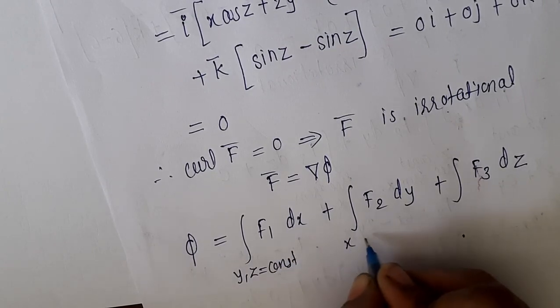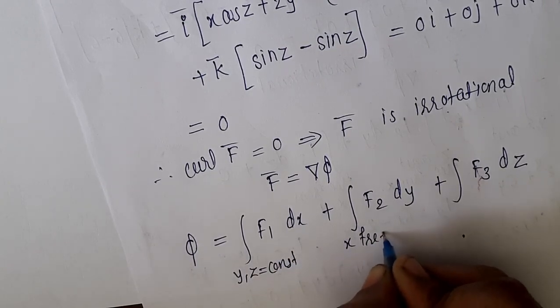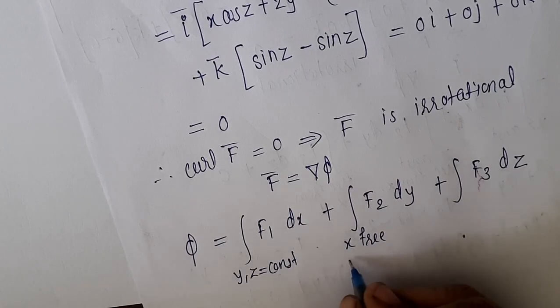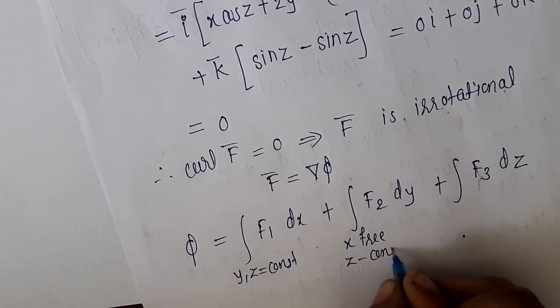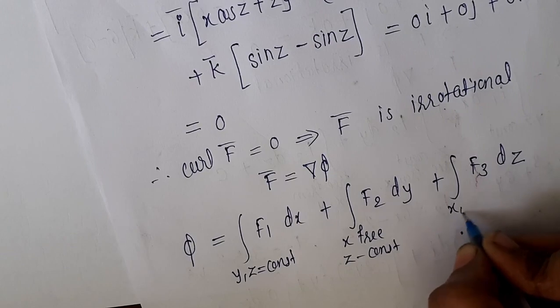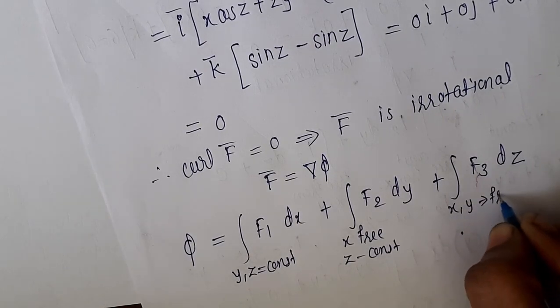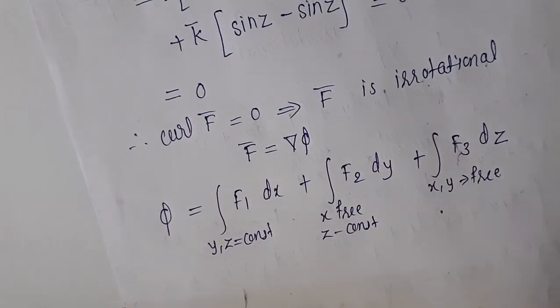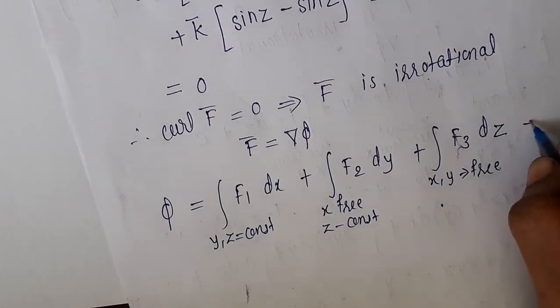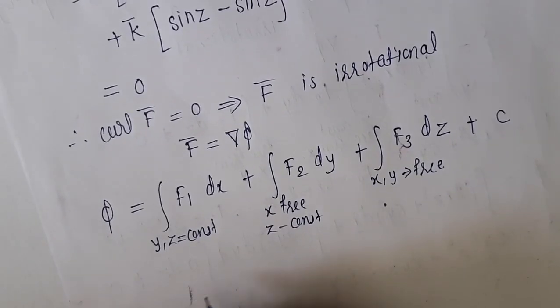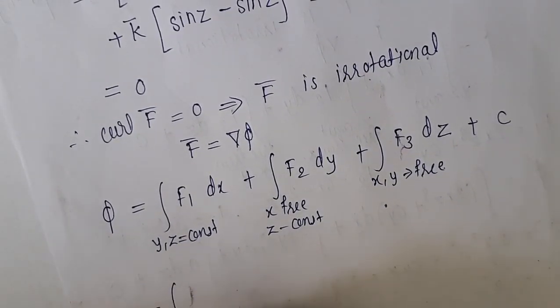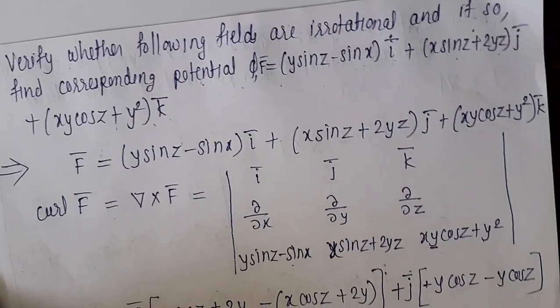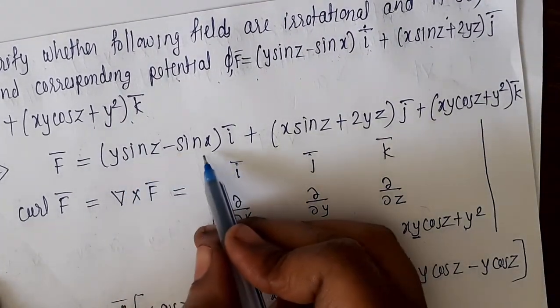Then this must be free from x, and z is constant, and here x and y must be free. So plus constant of integration. Now what is integration of f1? f1 is given as y sin z minus sin x.